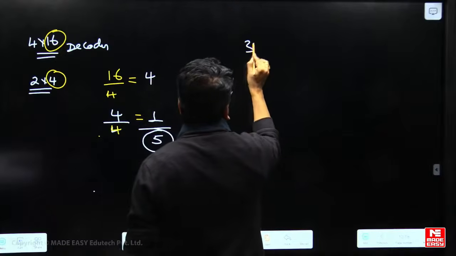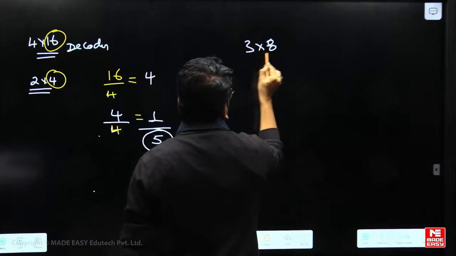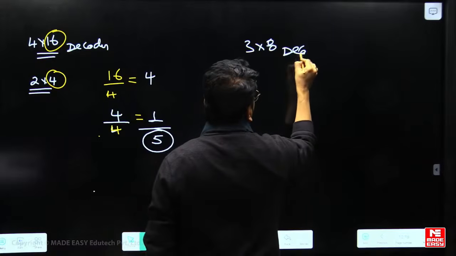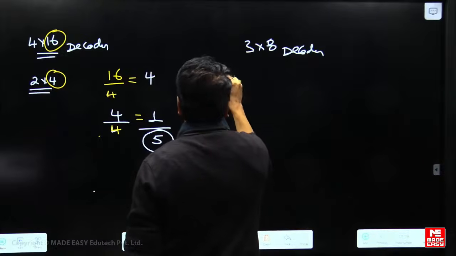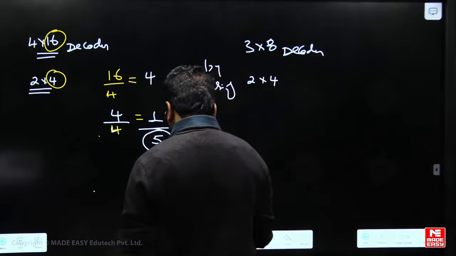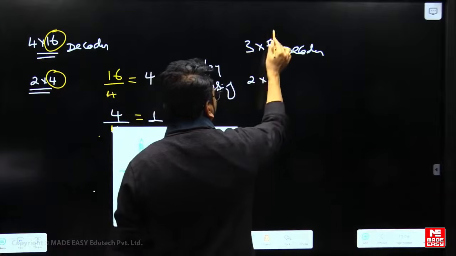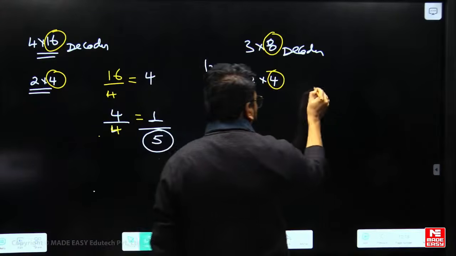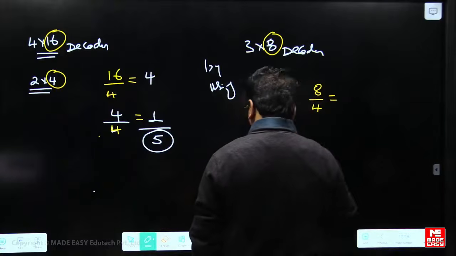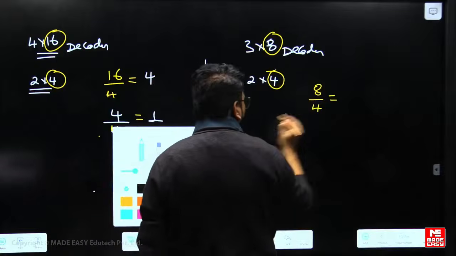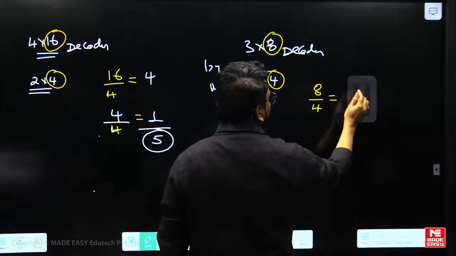In the same manner, a 3 by 8 decoder, they want using 2 by 4. Again divide like that, 8 by 4. What will we get, tell me here? 8 by 4 is nothing but 2.